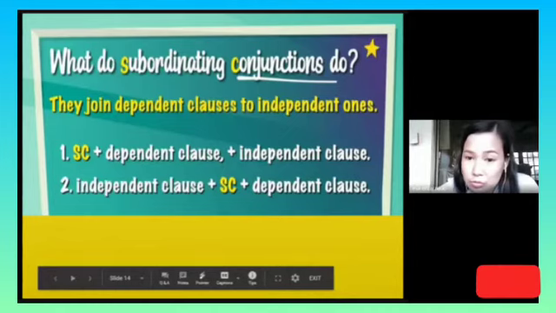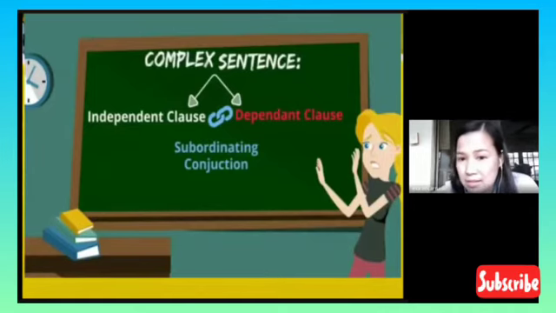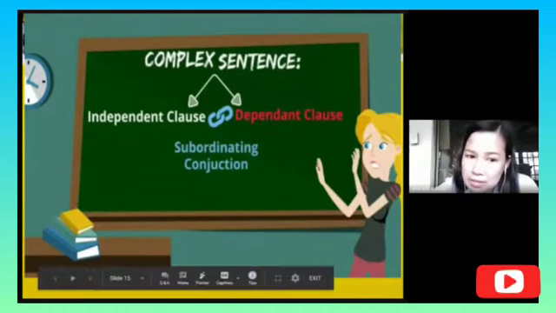Yan ang kanilang function. Yan ang purpose nila. So, naalala niyo yung topic natin about complex sentence? Yung complex sentence is made up of independent clause and dependent clause, di ba? Joined by subordinating conjunction. So, gagawa tayo ng complex sentence.